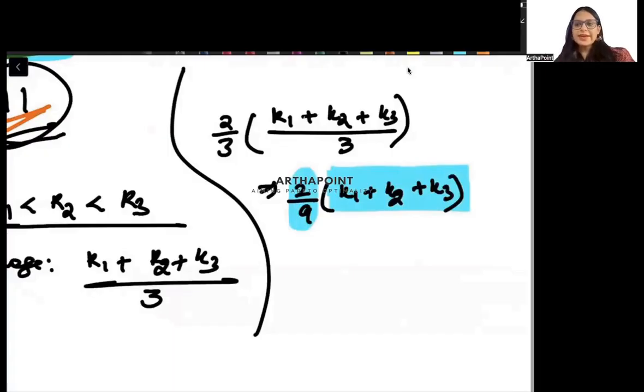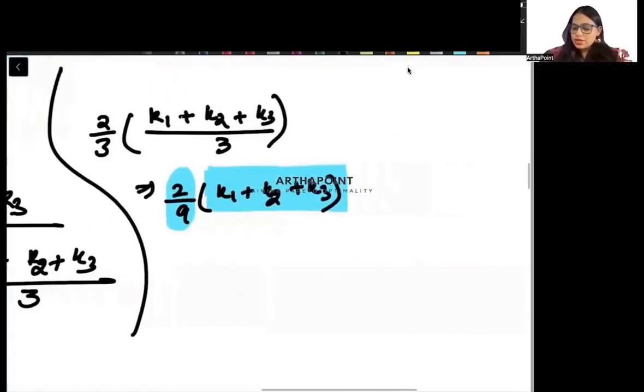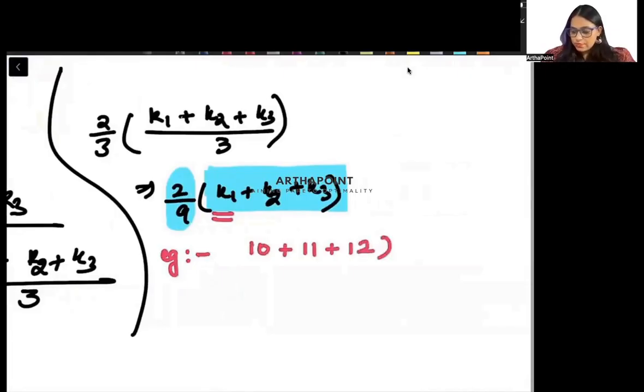Now, just think about this. Suppose I tell you that the first person has announced 10, second has announced 11, third has announced 12, and I find 2 by 9th of this. Watch carefully, I want to prove something to you.